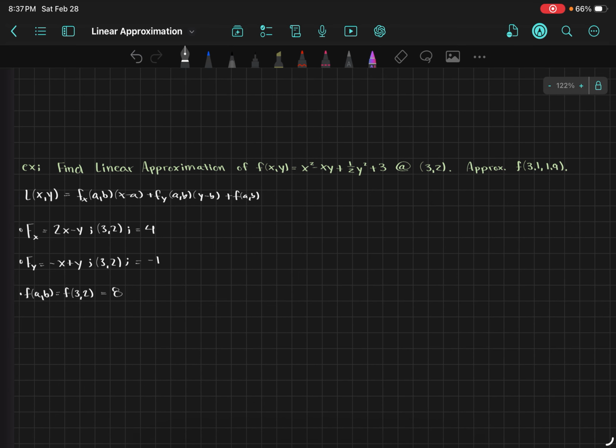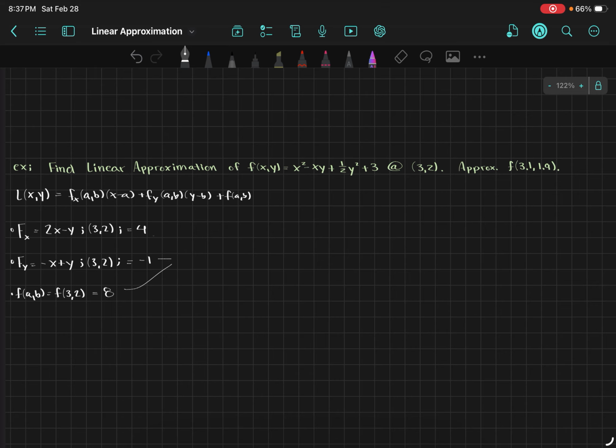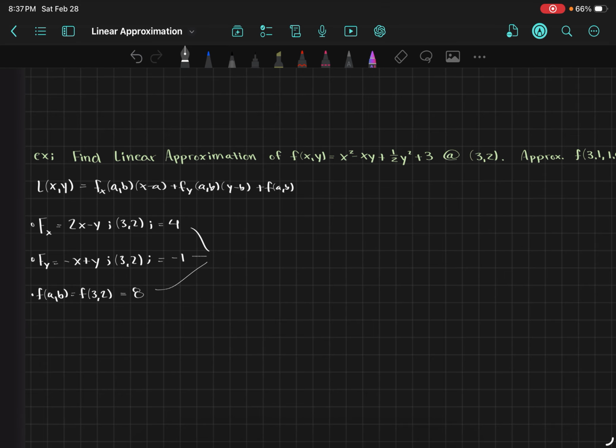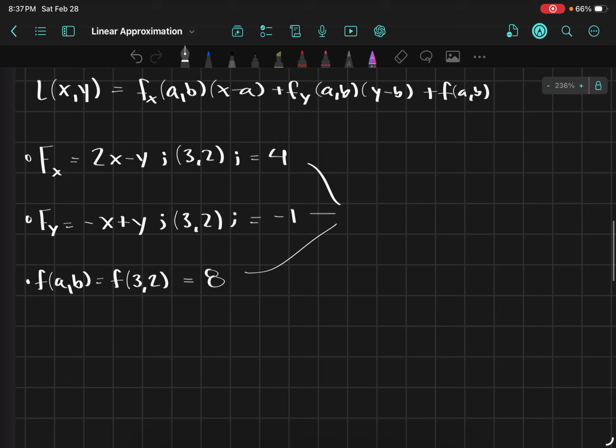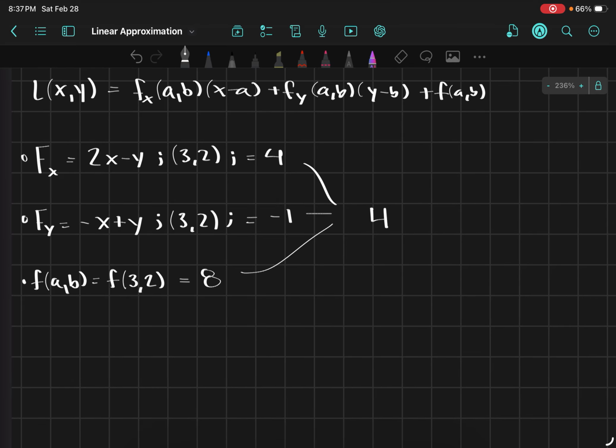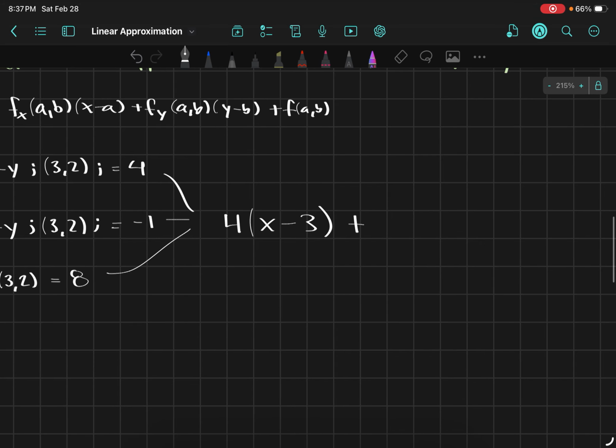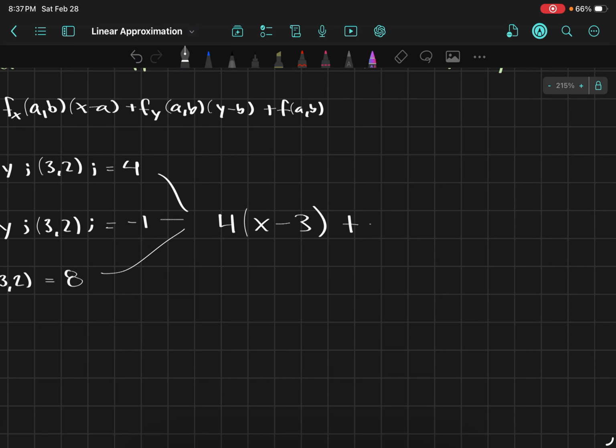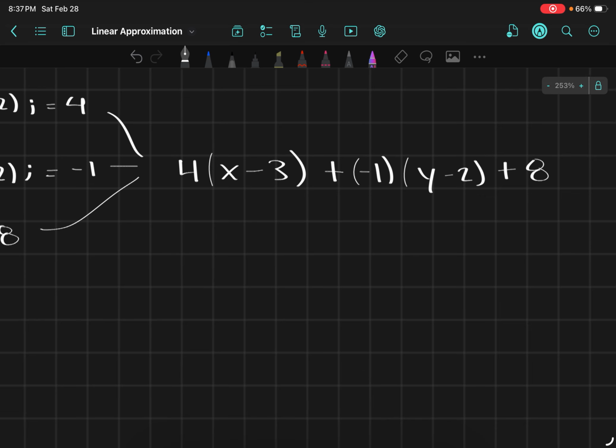So what is our linear approximation at (3, 2)? Well, it's going to be f sub x, which is 4, times x minus, what is our point, 3, so x minus 3, plus our f sub y, which is going to be negative 1, so we're just going to do negative 1 times y minus 2, plus our f(a, b), which is going to be 8.